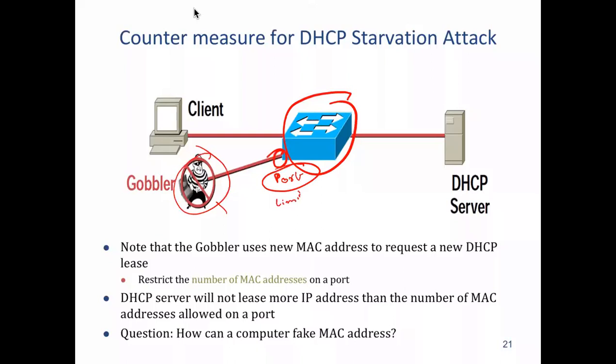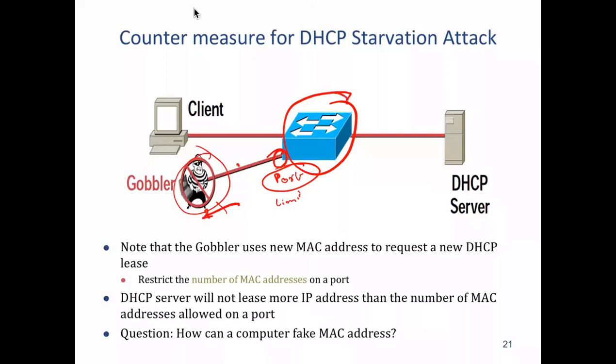Whatever number of MAC addresses the gobbler generates, only 2 will be accepted. So we can limit the number of requests or IP addresses this attacker can get. This is one of the simplest ways of preventing it.